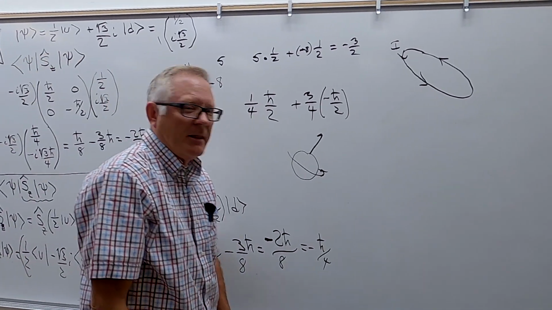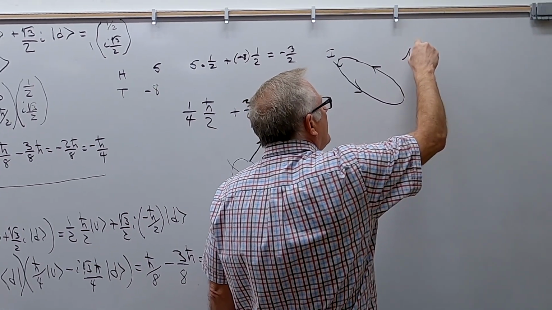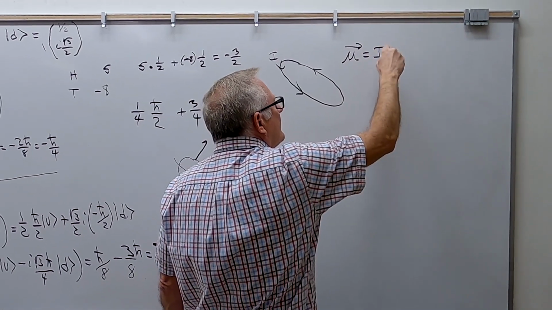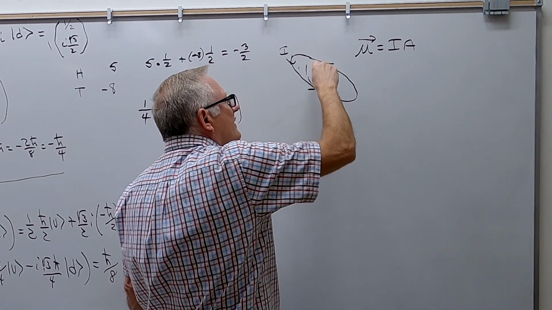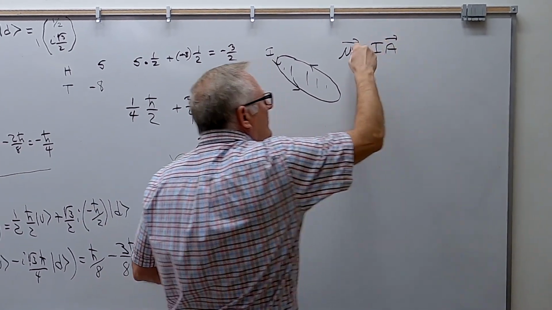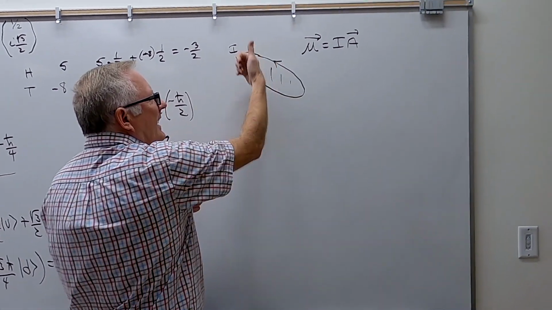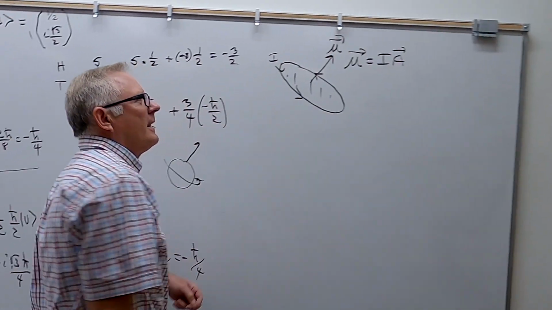I think we called it mu, and it was I times the area, and the direction of this mu was perpendicular to the area. Use your right hand, so it was kind of going off like this, mu, like that.